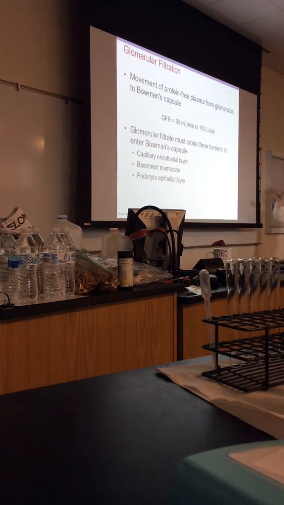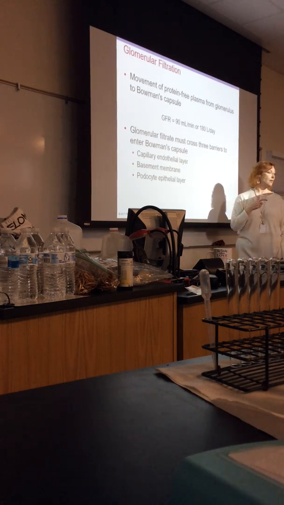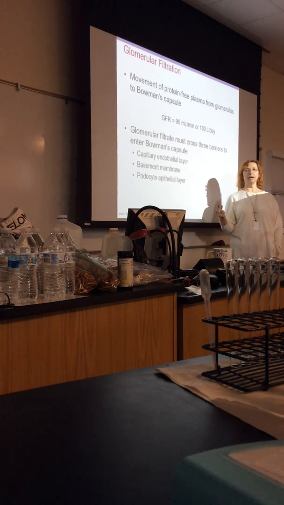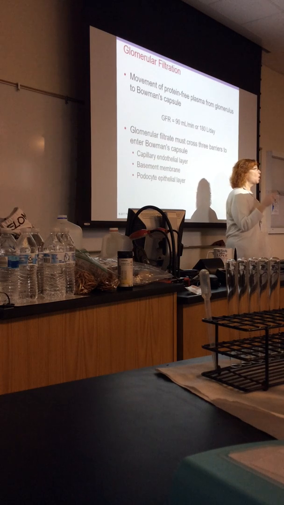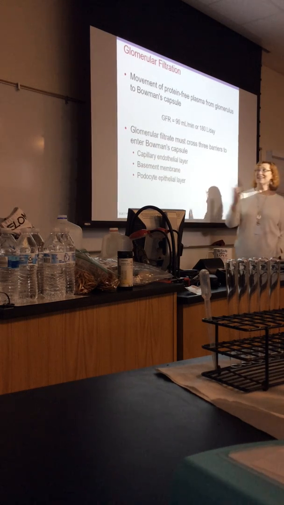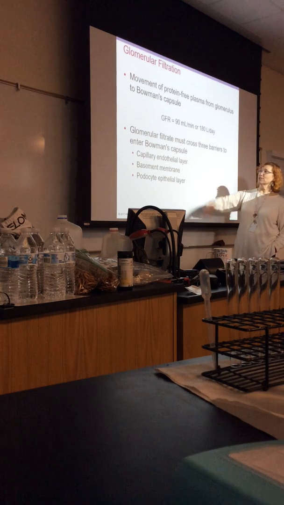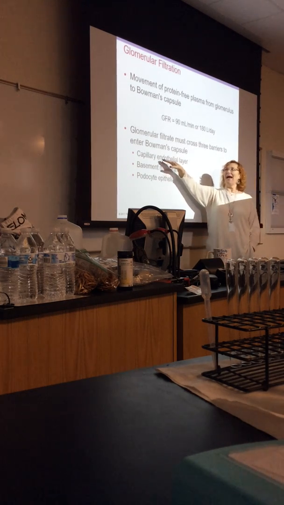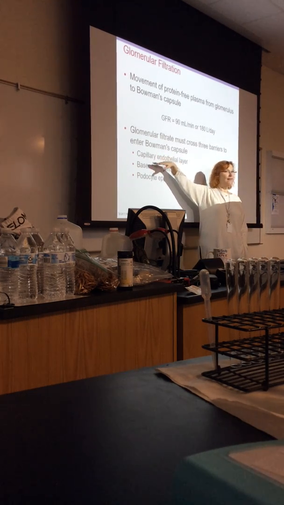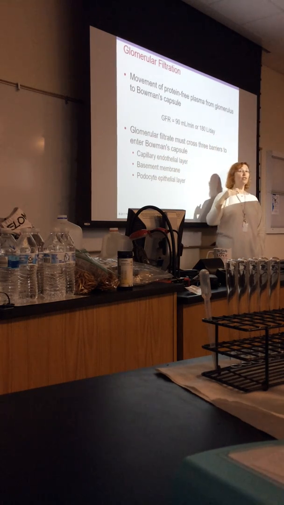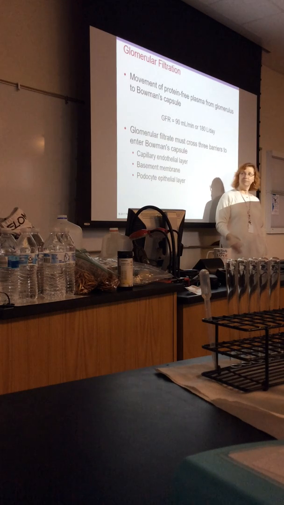Okay. So just like when we were talking about the respiratory system, we were talking about the filtration barriers. We have that same concept of filtration barriers when we're looking at the kidney. So what are our filtration barriers? Number one, we have the blood vessel capillary endothelium, which is simple squamous epithelium.